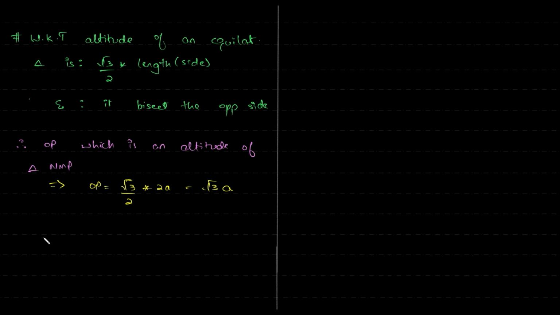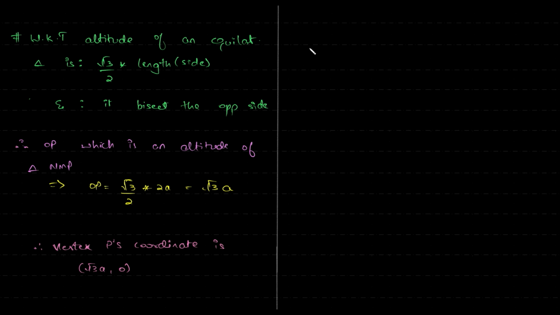Right? And finally we have the vertex P's coordinate is, see, we have established that it is a line along the x-axis. It has to be, because we have written it bisects the opposite side. It will be root 3a comma 0. Okay.